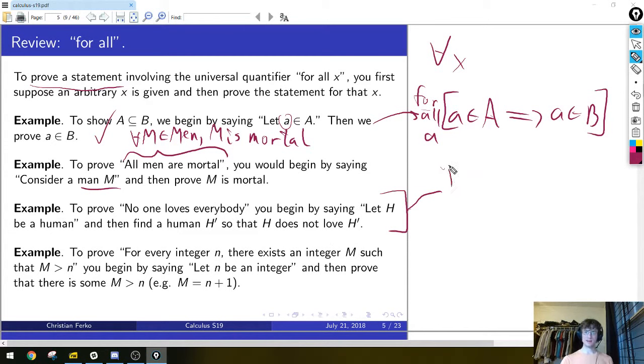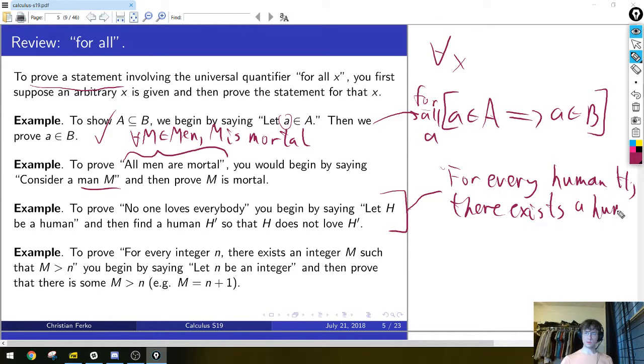So you have to show for every human H, there exists a human H prime so that H does not love H prime.